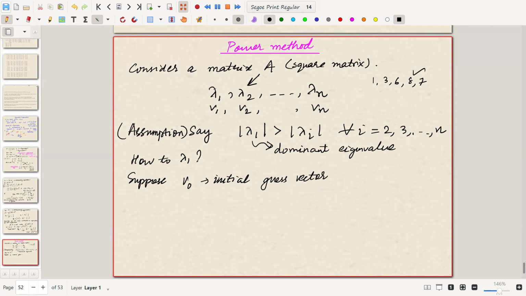Now what we do is a very straightforward method, nothing hard. You will see how simple this method is. It works like magic. You take this initial vector V naught and multiply it with the matrix, A V naught.